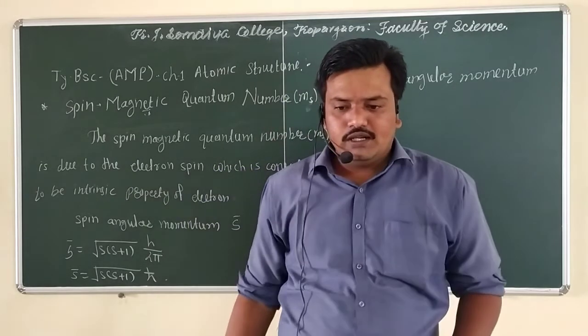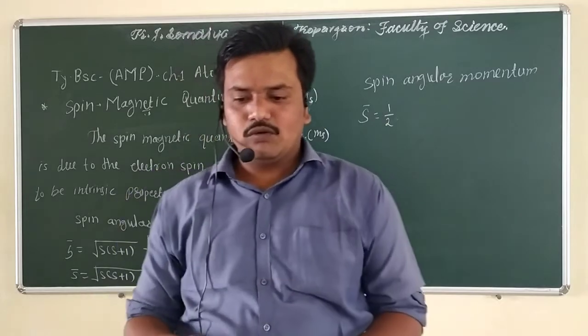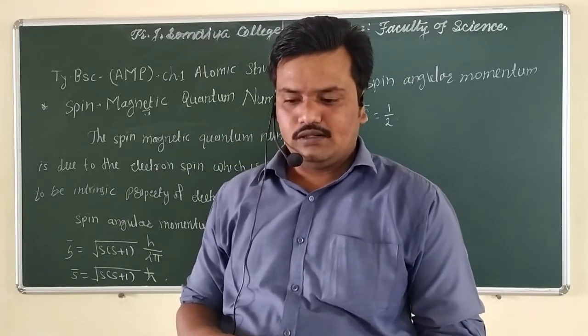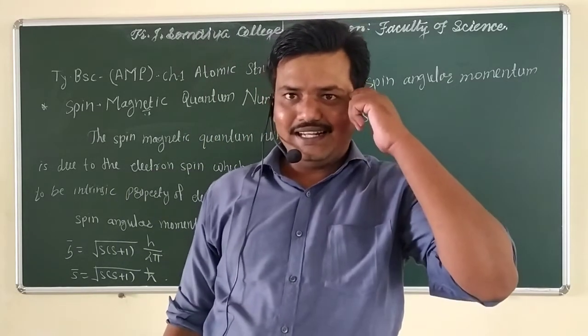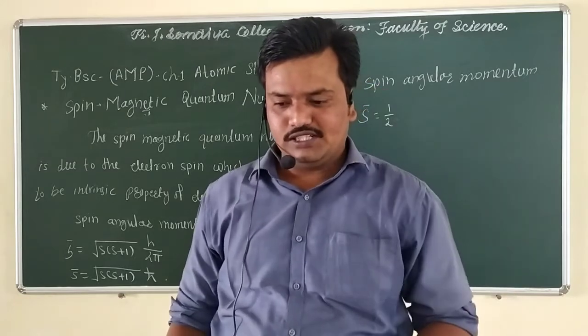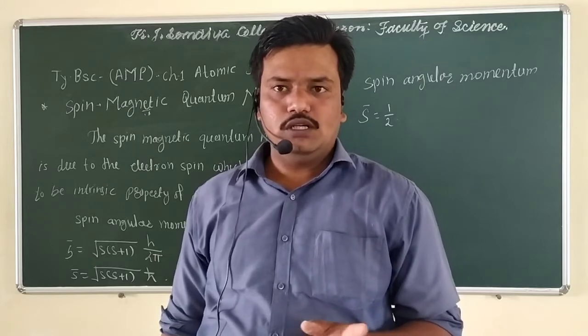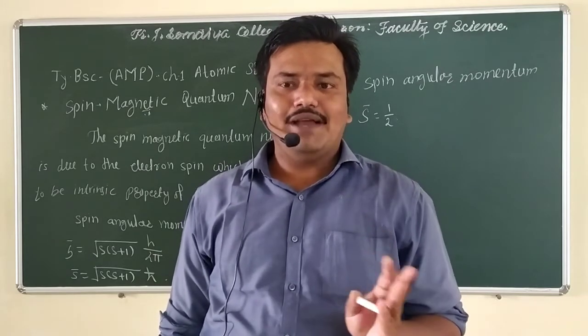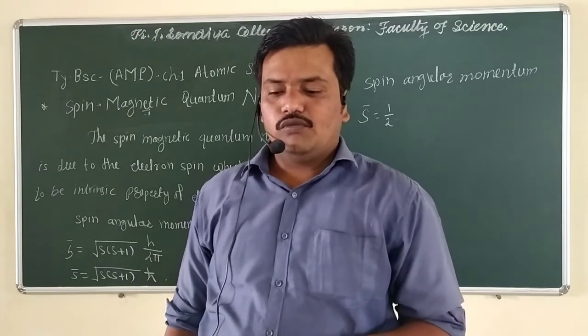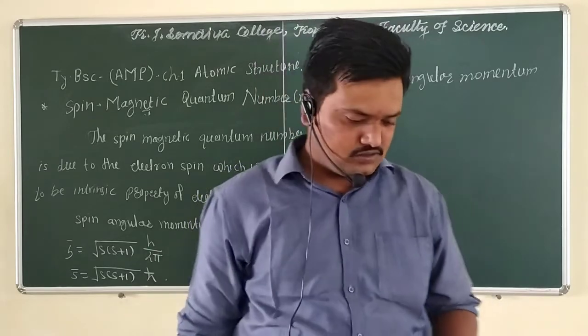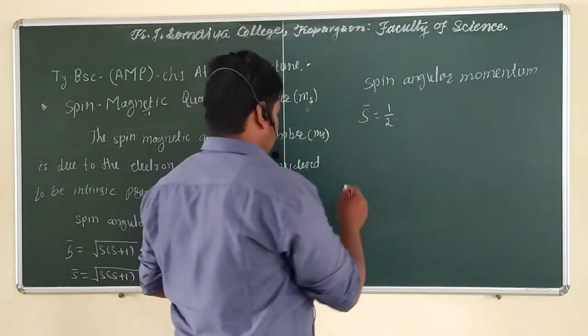Okay, and the spin angular momentum S bar is also quantized like L bar in the space quantization. So it has two orientations with respect to the applied external magnetic field, the component of S bar along the field direction, so that is Sz.